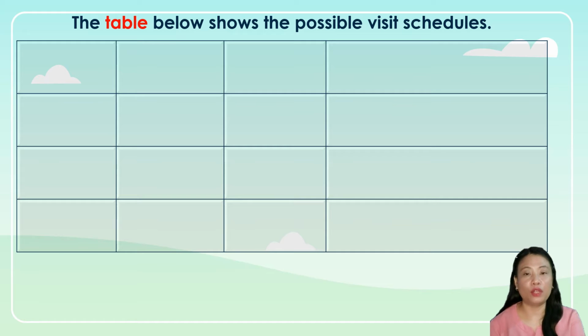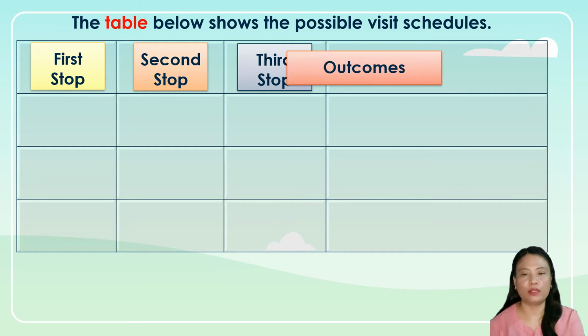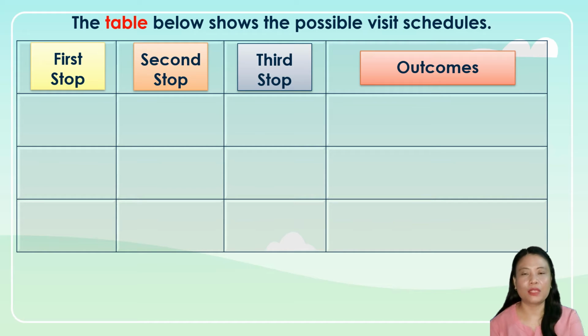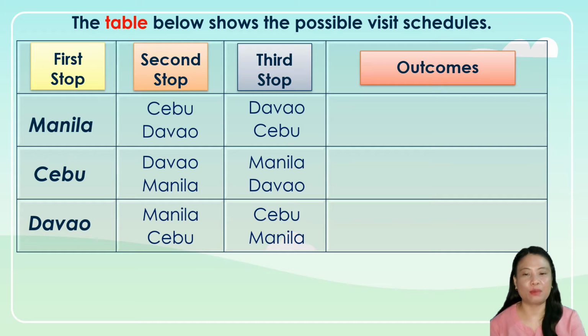We will make a 4-column table with the following labels: first stop for the first column, second stop for the second column, third stop for the third column, and outcomes for the last column. Fill in the table with the corresponding choices for each column, then finalize the arrangements in the column for the outcomes. By counting the outcomes listed on the table, we can find the possible number of outcomes objects can be arranged.